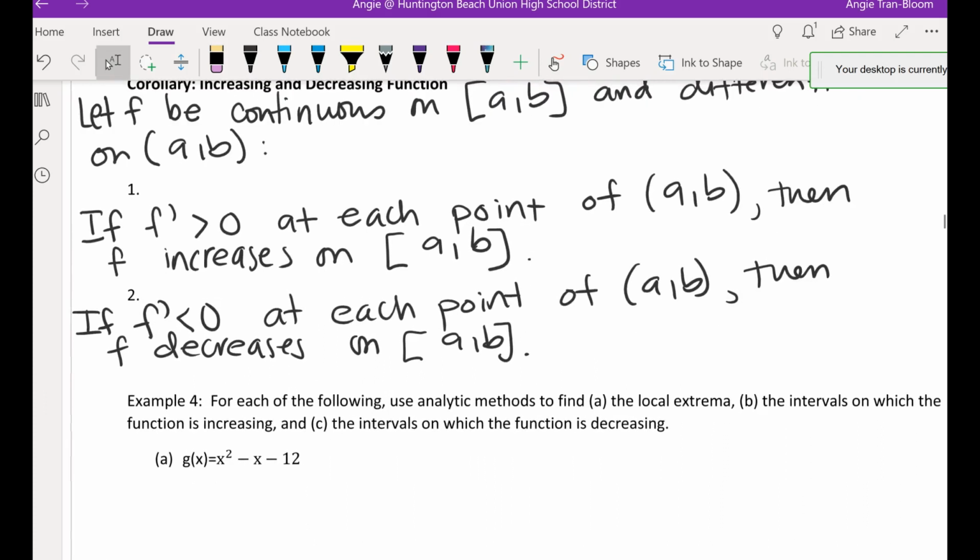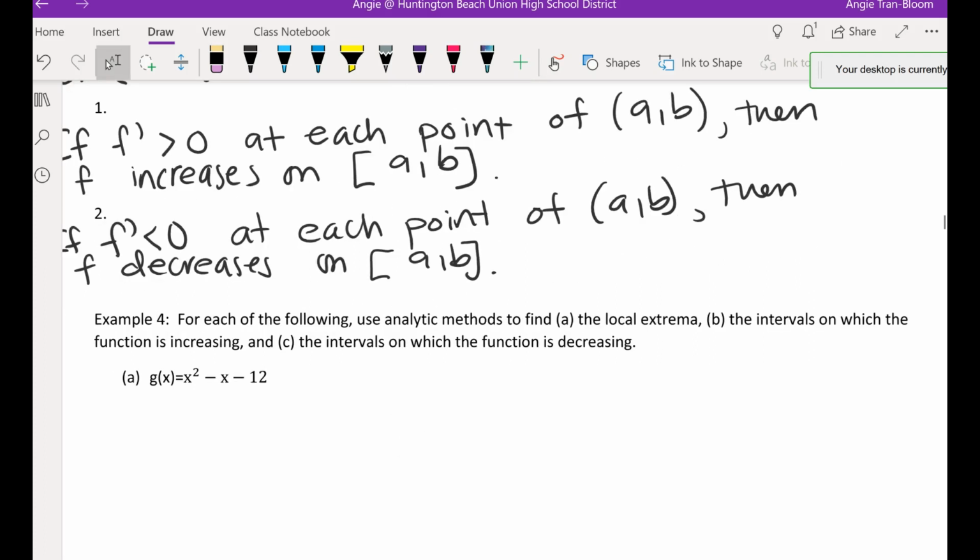Example four. Can you please help me, Ryan, read the instructions for example 4. For each of the following, use analytic methods to find A, the local extrema, B, the intervals on which the function is increasing, and C, the intervals on which the function is decreasing.